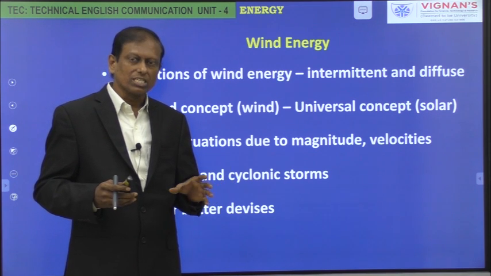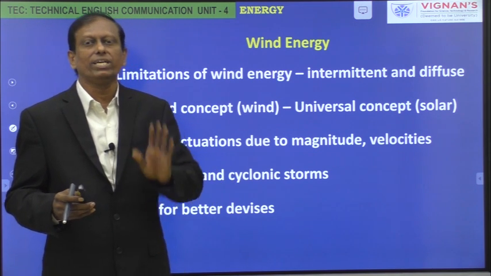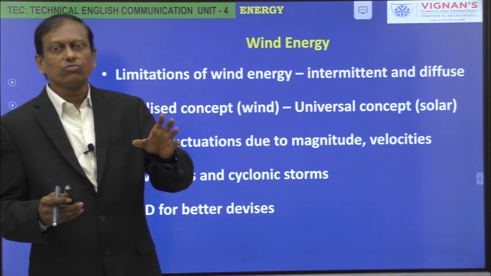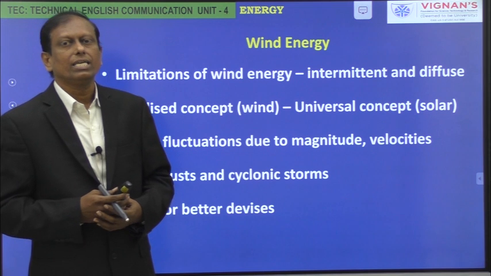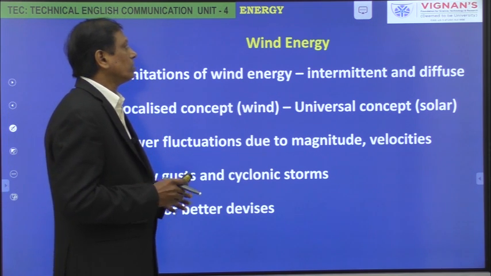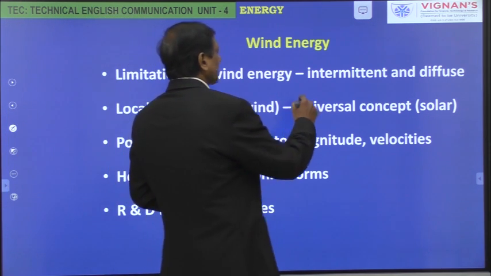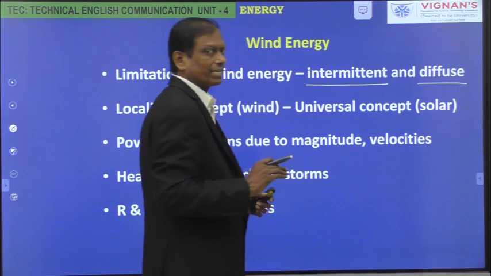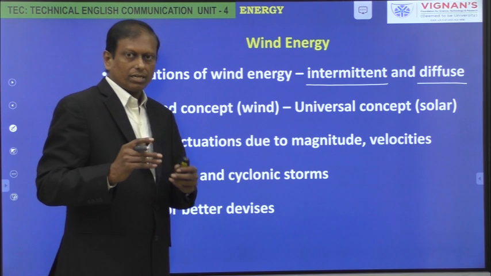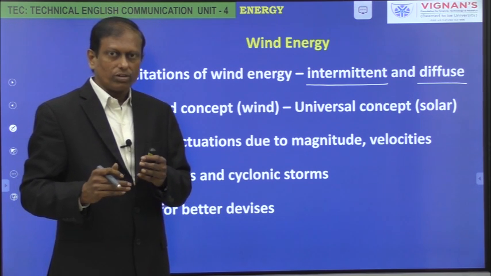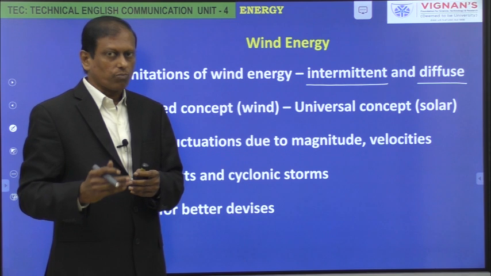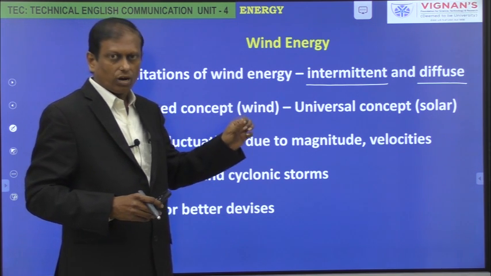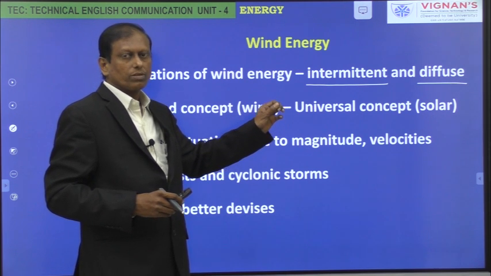Sometimes during some seasons there won't be any flow of wind, and on that day there won't be any movement of the fans and blades. So this is intermittent and diffuse. This is not constant, and when it will work and when it will stop working, we can't guess. In the sense, it is not a mechanical fault, but the resource will not be available.